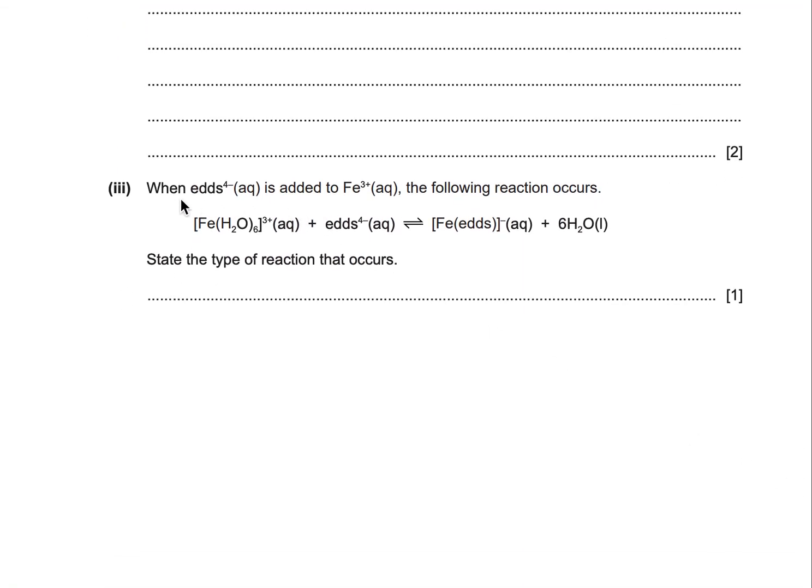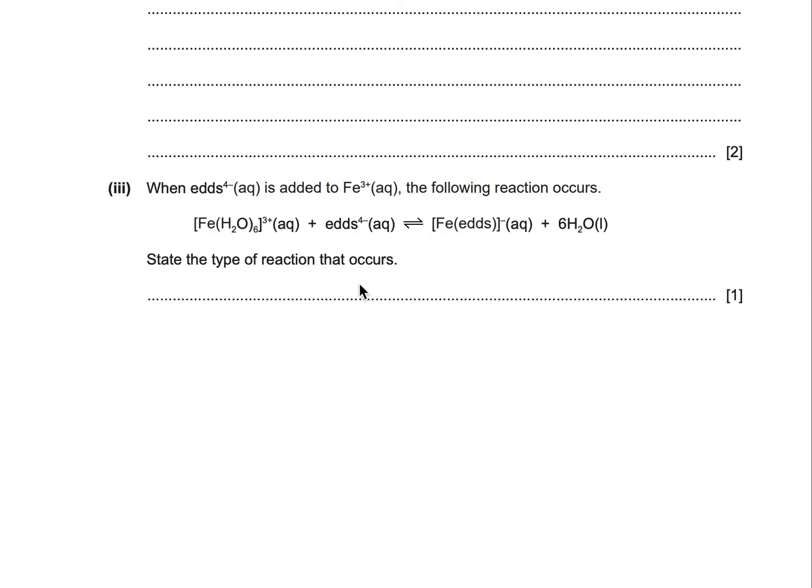Now moving on, it says when EDDS 4 minus is added to Fe3+, the following reaction occurs. This is the reaction. Now we need to tell what type of reaction is occurring over here. So it's Fe(H2O)6, which is then added to EDDS 4 minus.